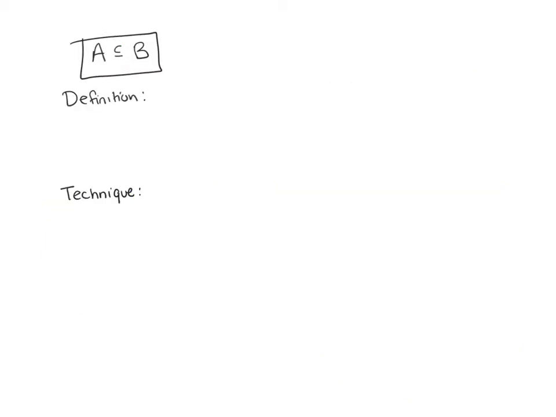Next up, we want to talk about how to prove that some set A is a subset of another set B. So what does it mean that A is a subset of B?